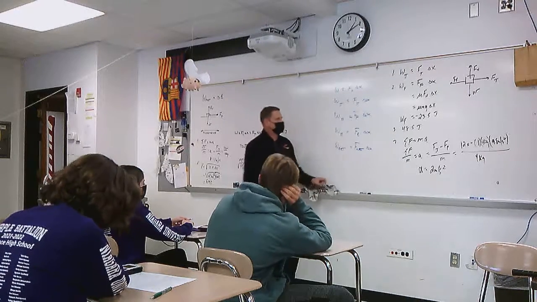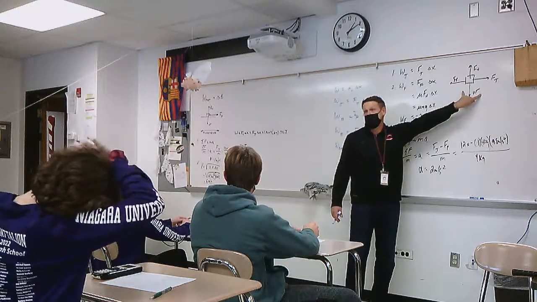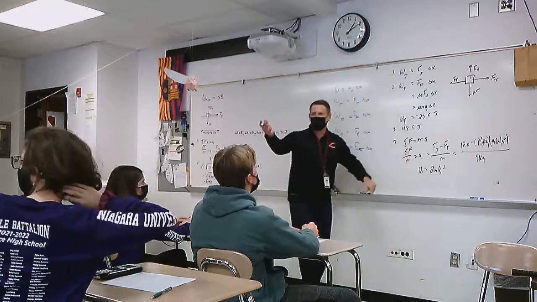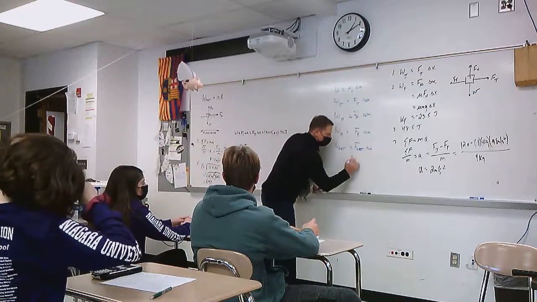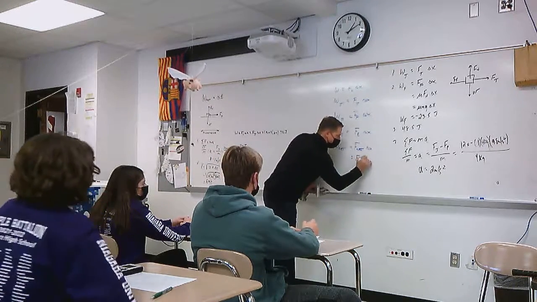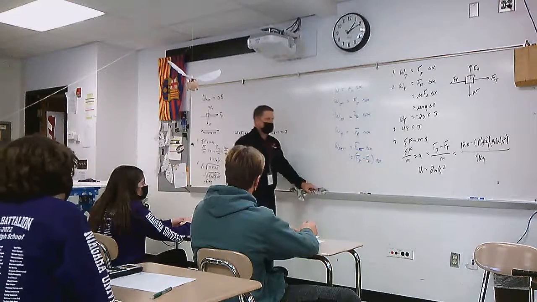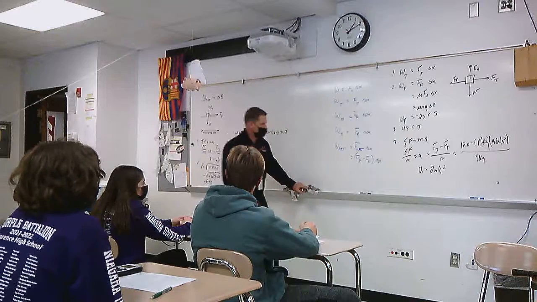Well, based on this picture, Kaylin, what's the value of the net force acting horizontally? Yeah, you already did it once. That's why I called on you again. The net work done would be Fj minus Ff times delta x. Look at it.